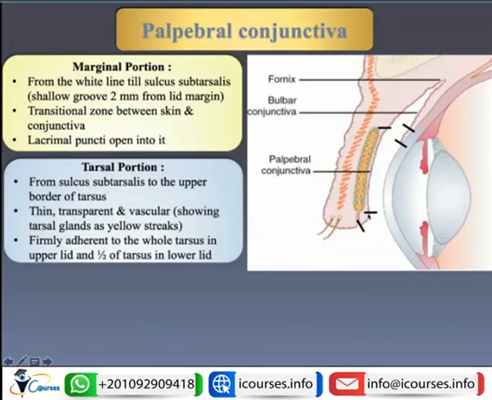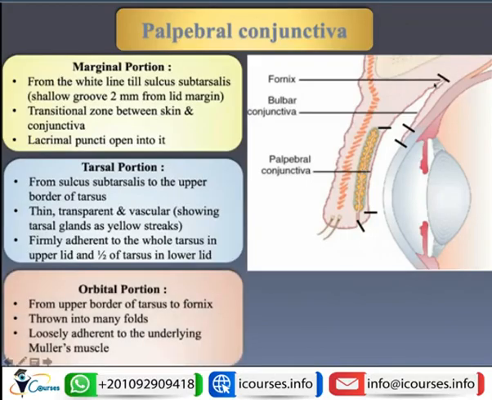From the sulcus subtarsalis till the upper border of the tarsus is the tarsal portion of the palpebral conjunctiva. As we said earlier, this portion is firmly adherent to the tarsus, so it is difficult to separate them. When you invert the eyelid, it can show the streaks of meibomian glands, as we said before. Then we have the orbital portion, which is from the upper border of the tarsus until the fornix.